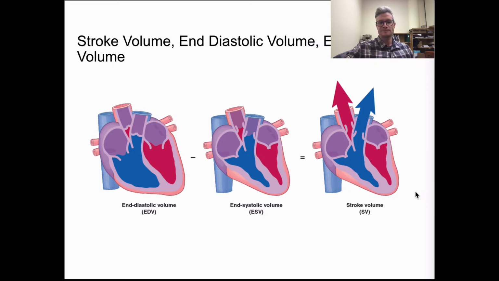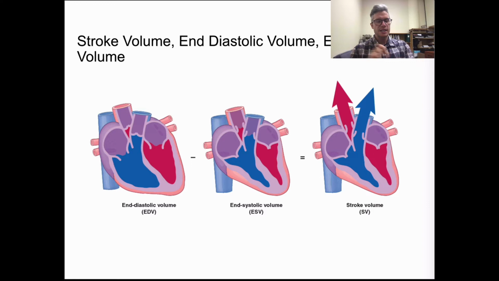The difference between the two is how much was in there versus how much left. From this we can figure out the ejection fraction, or EF, because there's still some blood left in the heart, right? So we have an idea of what's going on as the heart contracts, how much blood is where, and this idea of cardiac output, the true amount of blood that we can pump around our body.